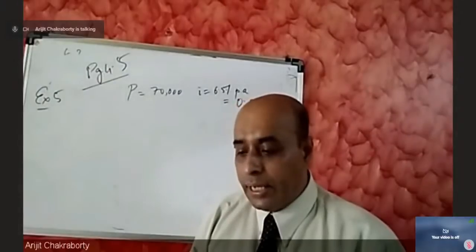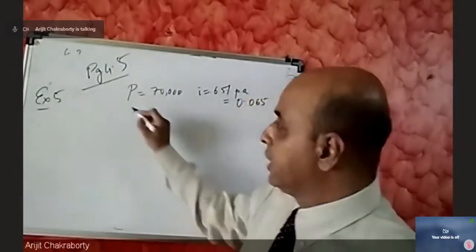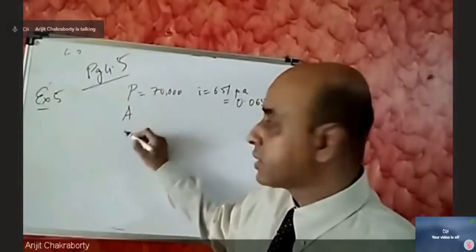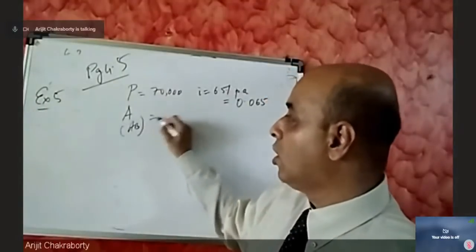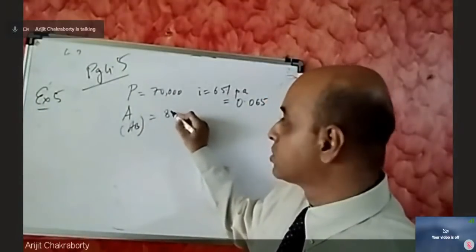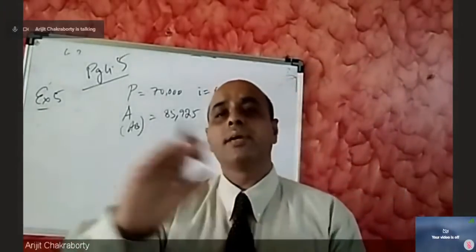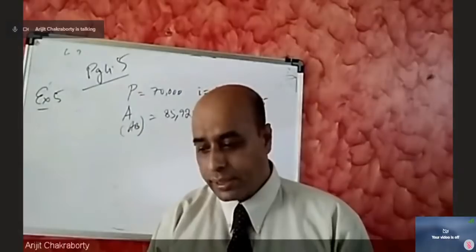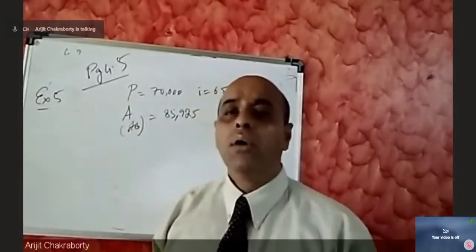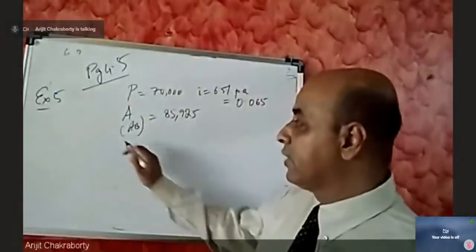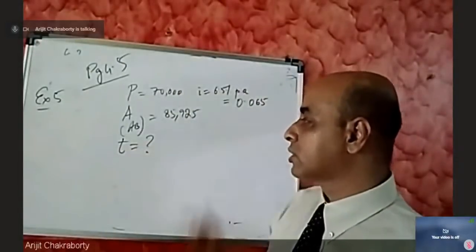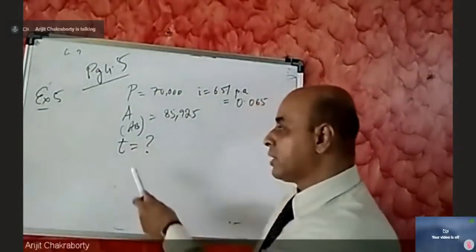And he received an amount, that is an accumulated balance of 85,925 after the end of the period. Now we have to find out what is the length of the period. That means here time we do not know. We have to find out the time.